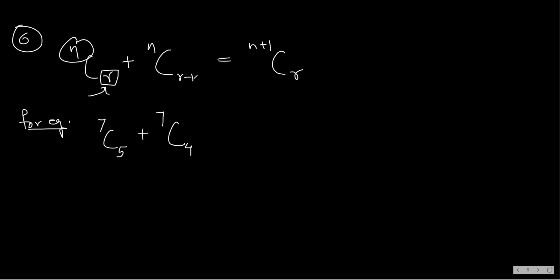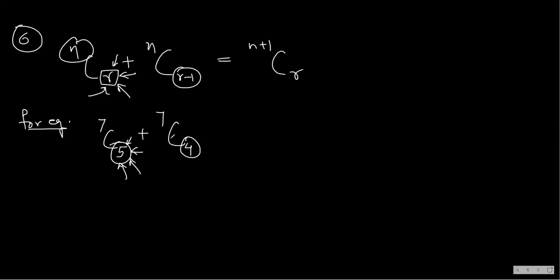But in the next one, from n, you are selecting r minus 1, that is one less than this. The same thing is done here. From 7 you are selecting 5, and in the next one from 7 you are selecting 4, that is one less.